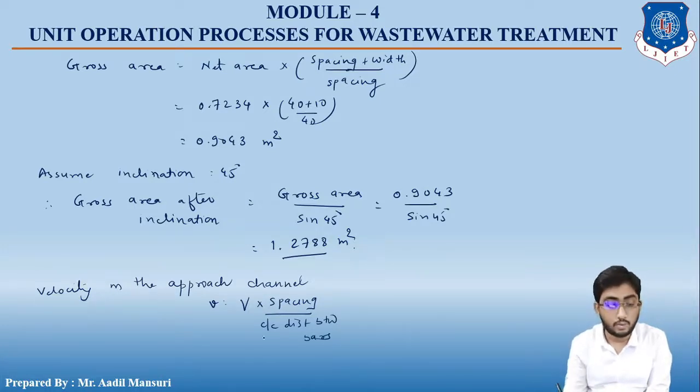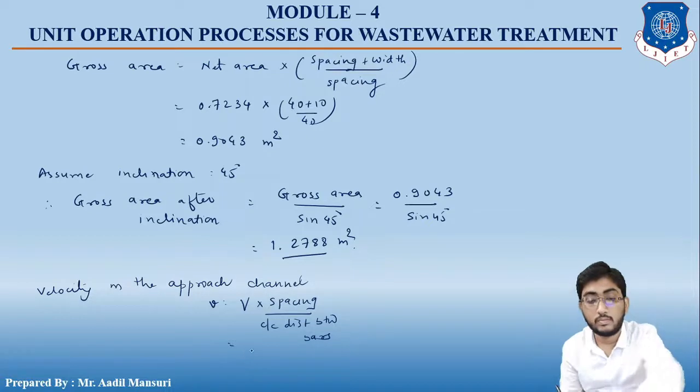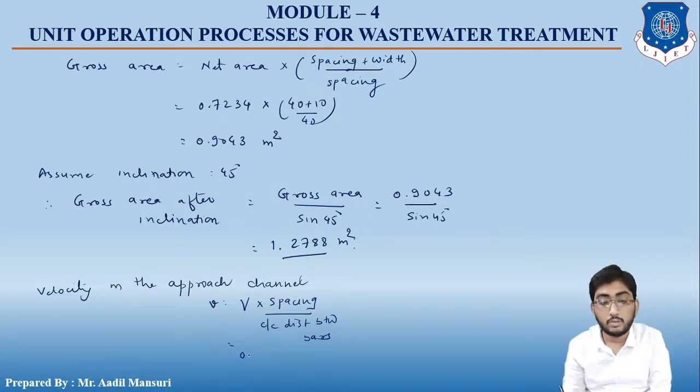So this will be equal to 0.8 into spacing, that is 40, divided by center to center distance between bars, that will be 50.